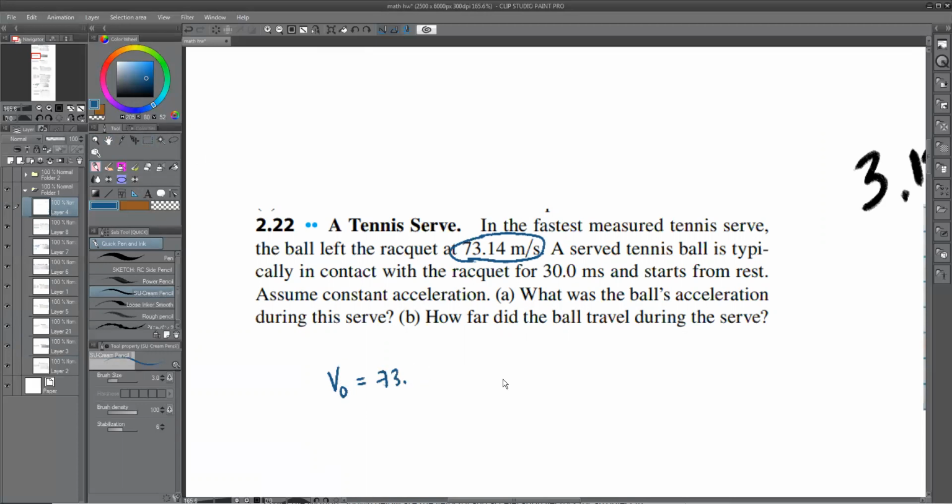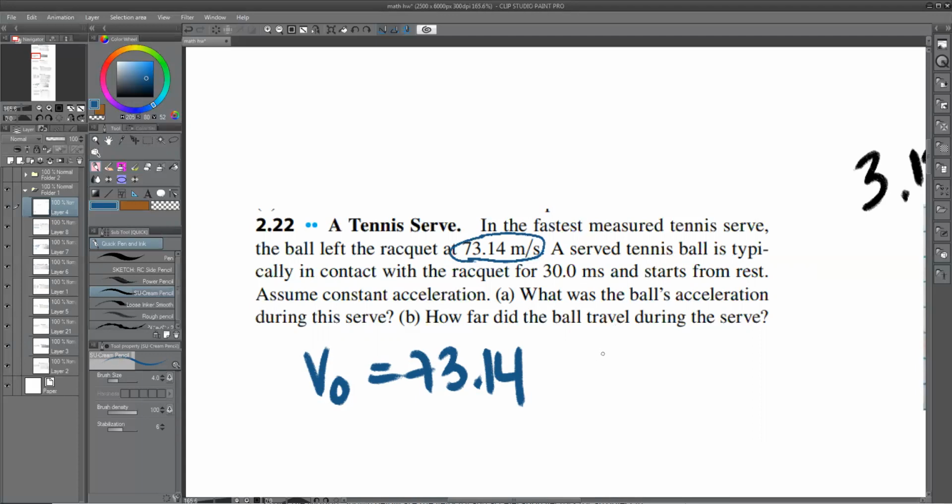I can write that a bit bigger. A served tennis ball is in contact with the racket for 30, it's not microseconds, 30 milliseconds, and starts from rest.